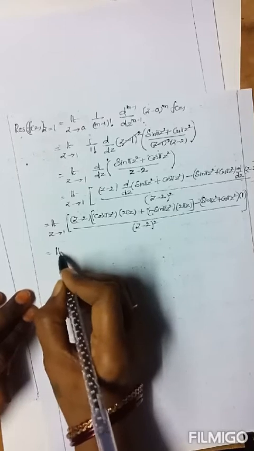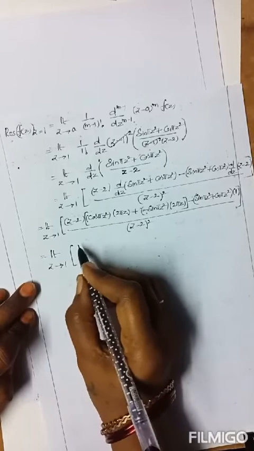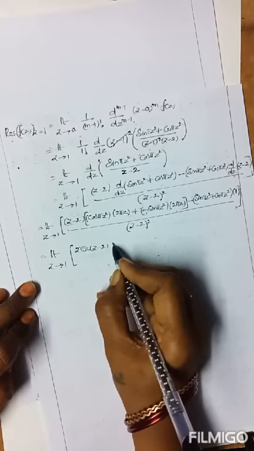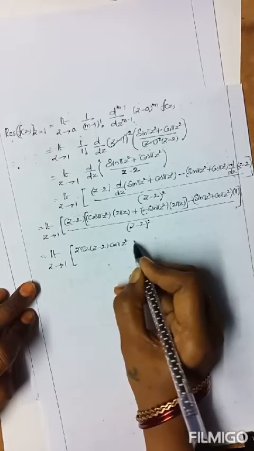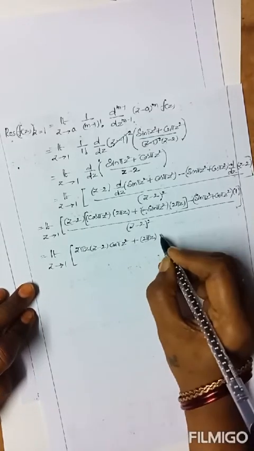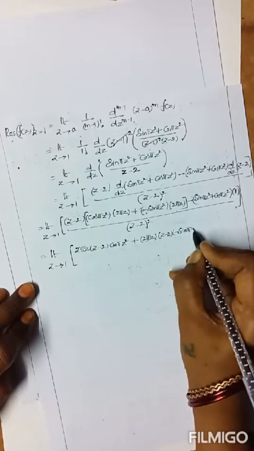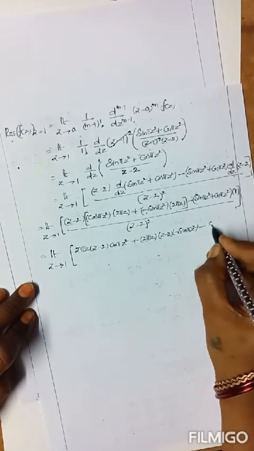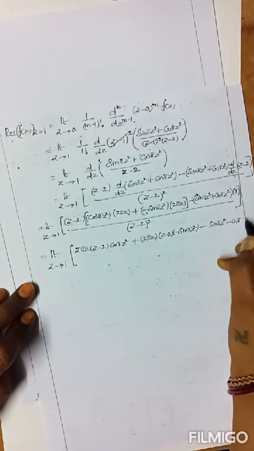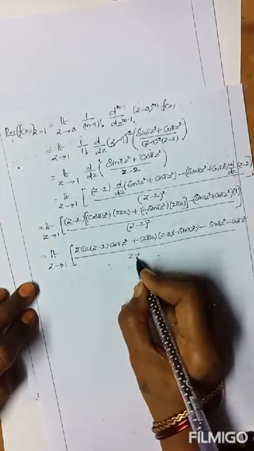That equals limit of z tends to 1, just ordinary simplification: 2 pi z (z minus 2) cos(pi z squared), minus 2 pi z (z minus 2) sin(pi z squared), minus sin(pi z squared) minus cos(pi z squared), with the negative sign before, by (z minus 2) whole square.